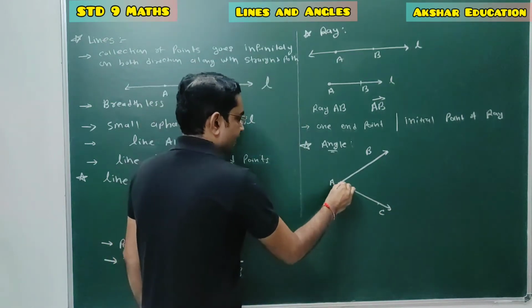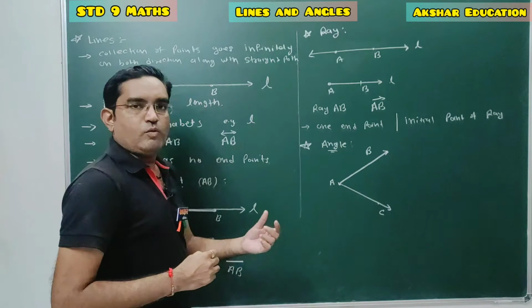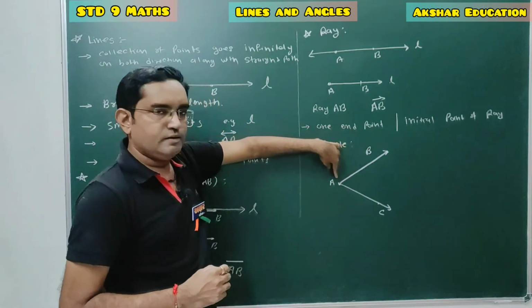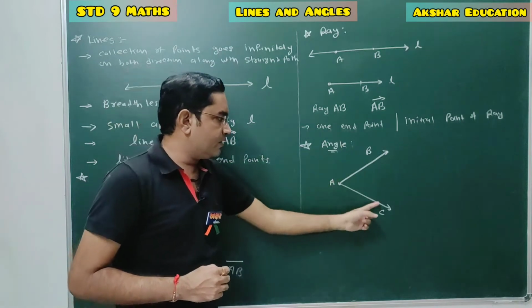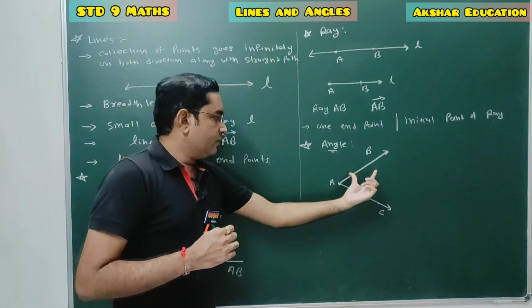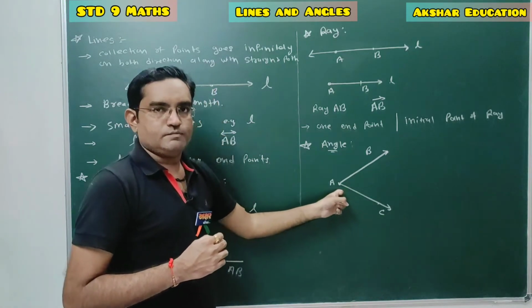Here we consider two rays with a common endpoint. The endpoint of ray AB is A, and the endpoint of ray AC is A. That means the initial point of both the rays is common.